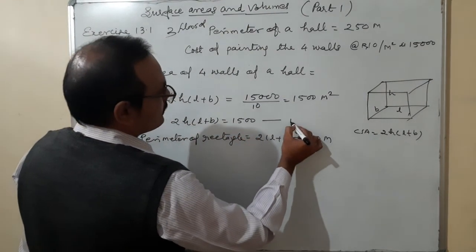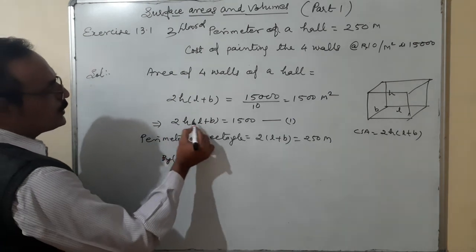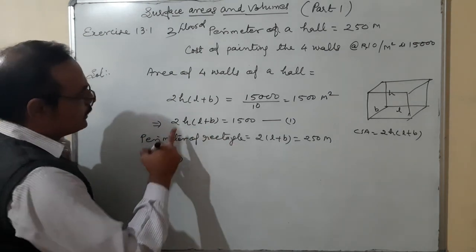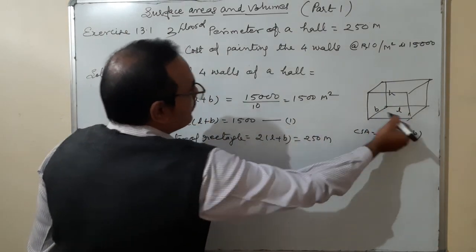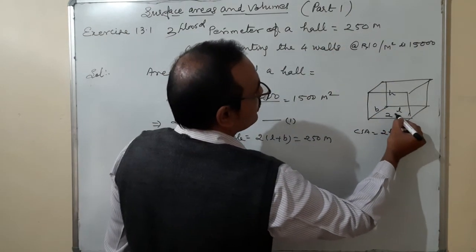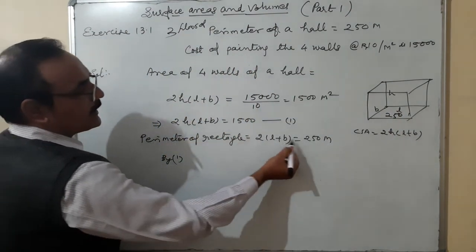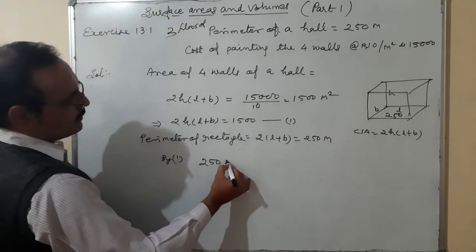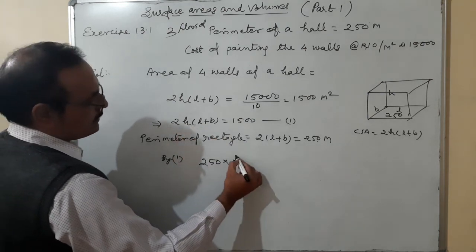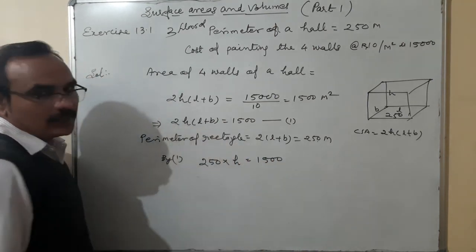Now see here, in place of 2(L + B), because this is length and breadth, its perimeter is given as 250. So in place of 2(L + B), I can put 250. So 250 multiplied by H is equal to 1500, and directly we get the height.